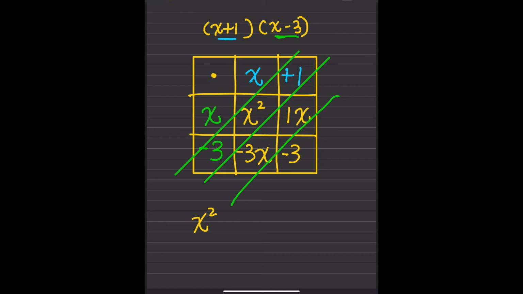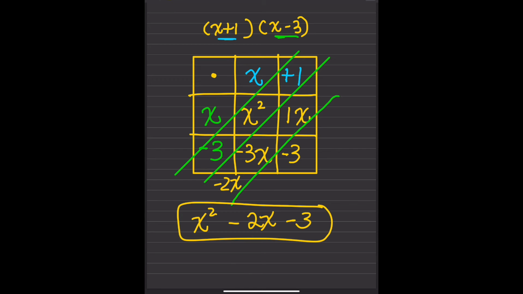And then these are your like terms. 1x minus 3x, simplify, will give you negative 2x. So that is your second term. And this is your third term, minus 3.